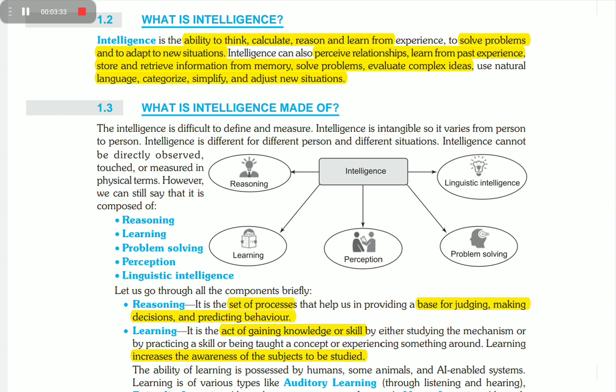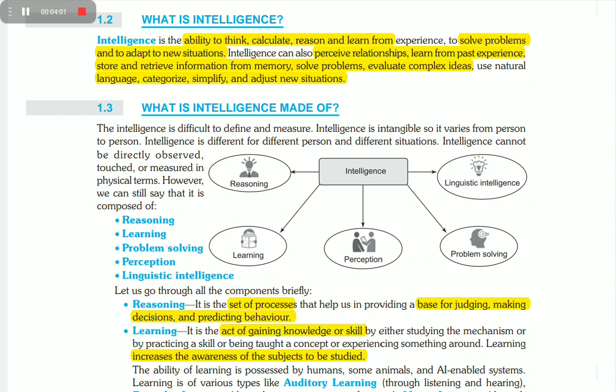You can improve relationships or spoil them, depending on your intelligence. We can learn from past experience, like last year I ate this but I got a stomach ache, so now I should eat it a bit, not a lot.